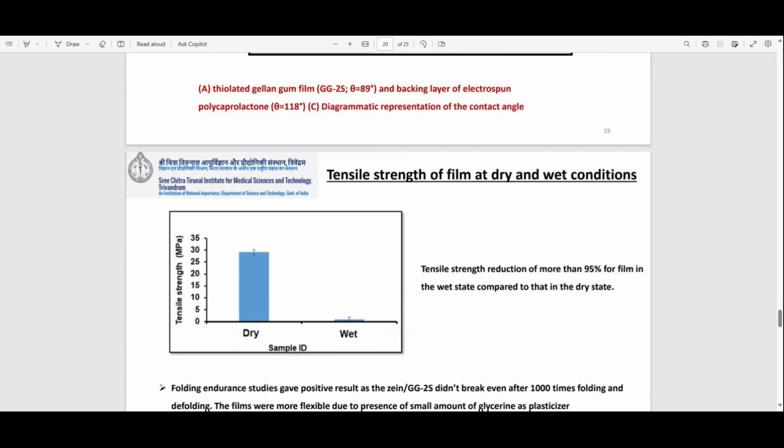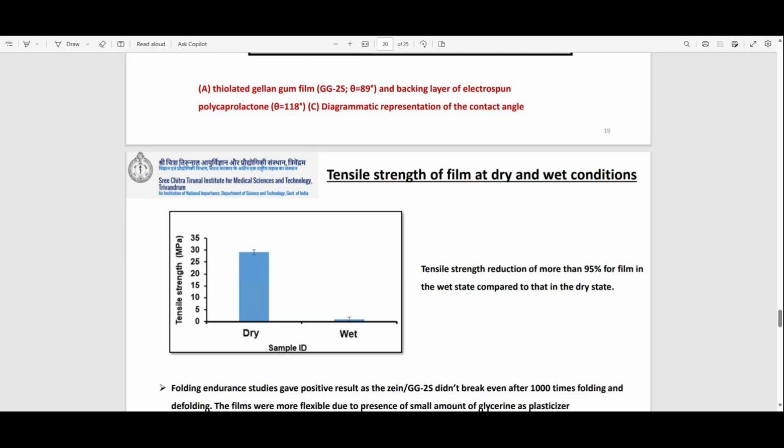And we also checked the strength of the mucoadhesive membranes. We should have sufficient strength in order for the membrane to withstand the oral cavity or handling. So we checked the tensile strength of this three-layer sandwich mucoadhesive membrane in dry and wet conditions.